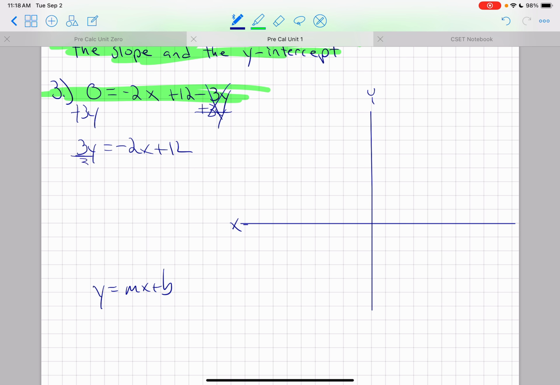I want to know what 1y is. So divide by 3, and I'm left with y equals, remember, this has to divide here and here, so I have negative 2/3 x plus 12 divided by 3 is 4.